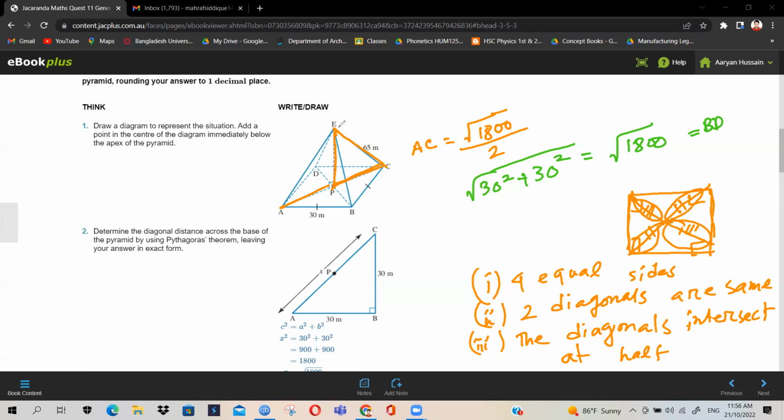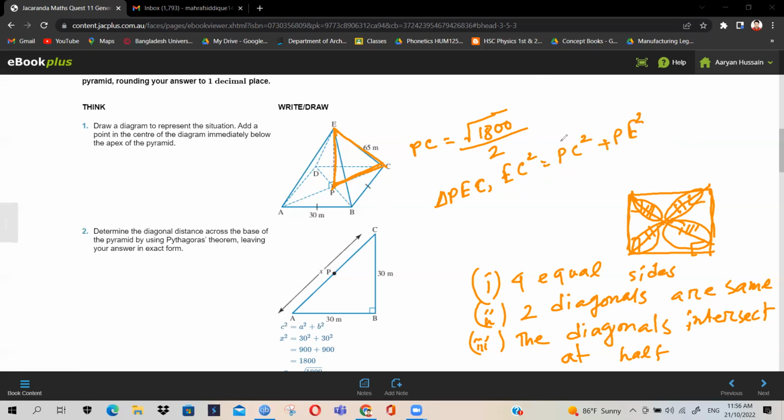Now things get easier. We have the value for PC, and we have the value for the slant height, that is 65 meters, which is our hypotenuse. So from triangle PEC, you will get EC squared equals PC squared plus PE squared.